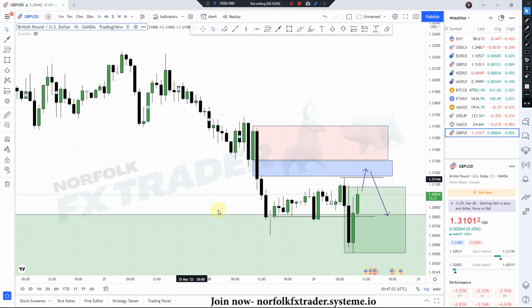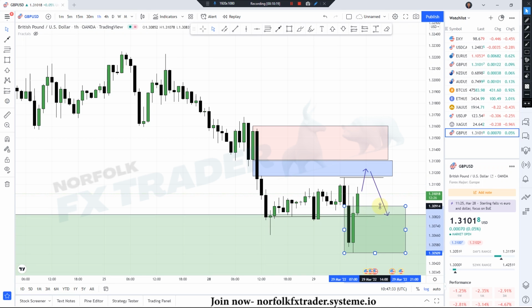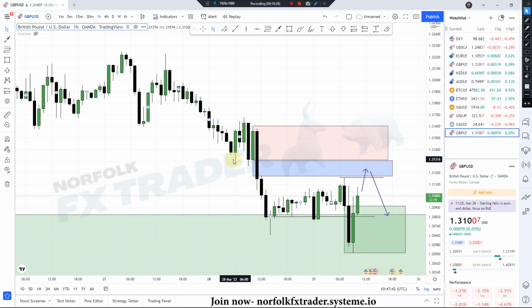It's going to need to fill it. That's why you expect price to now break this high, fill this imbalance, go into this area of supply, then pull back into your area of demand or your order block. So this is my area of demand. I'll be looking for a potential reversal. And again, you can use your change of character when you come back to that area of demand.